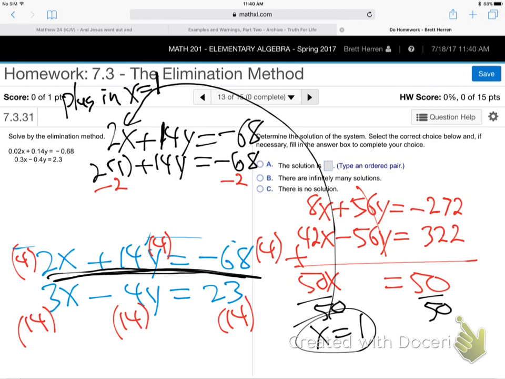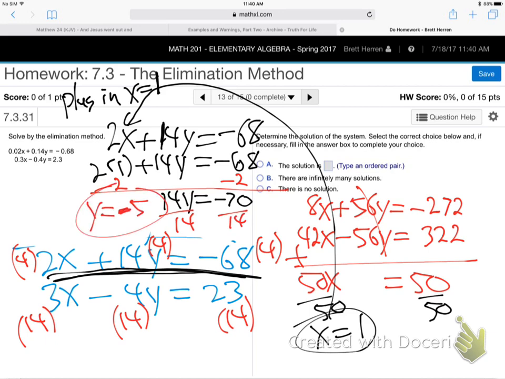Subtract 2 from both sides. 14y is minus 70. Divide by 14. Y is minus 5. So x is 1, y is minus 5. X is 1, y is minus 5. We got it. Is that good?